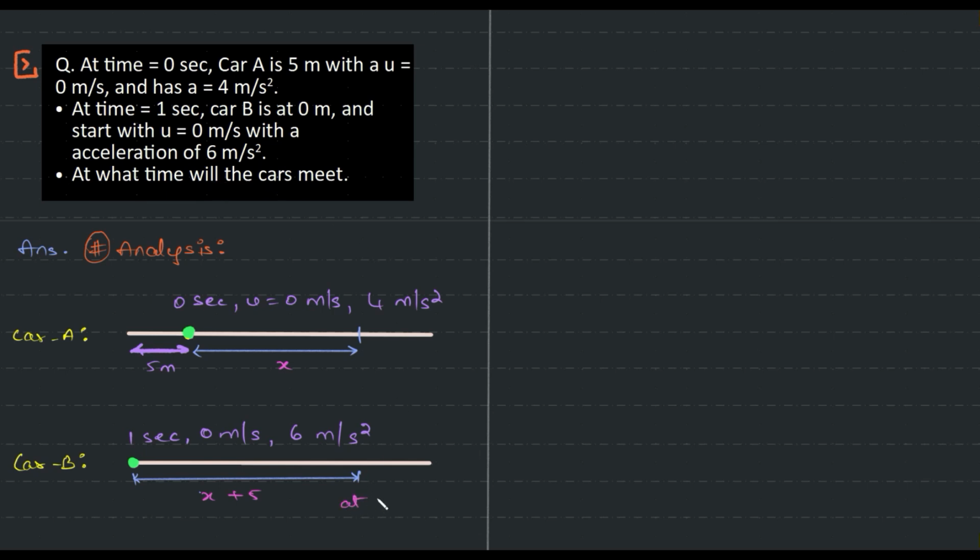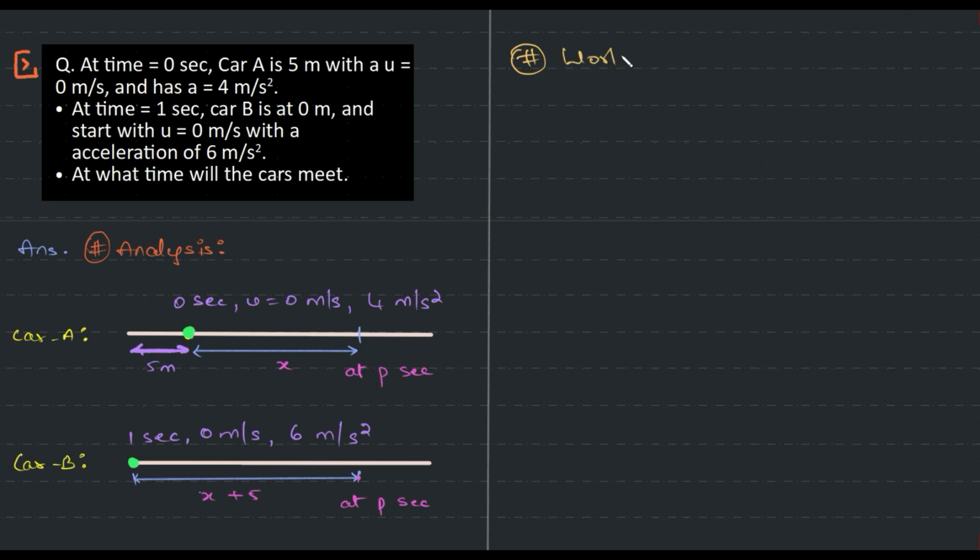So at t is when they are meeting. Time will not change. Actually, let me call this some other variable p. That's more convenient. At p seconds both are meeting. So this is the scenario.